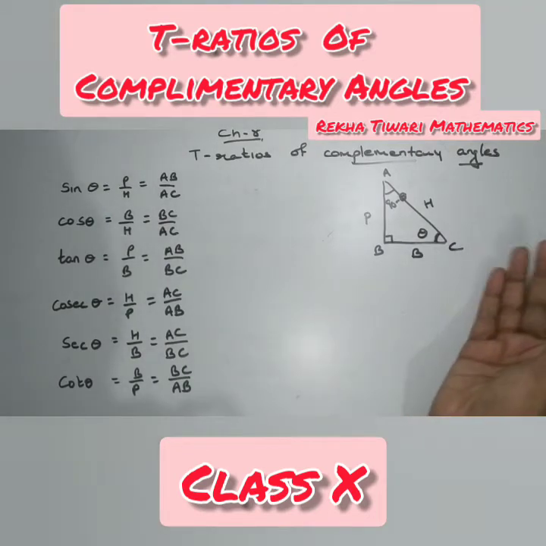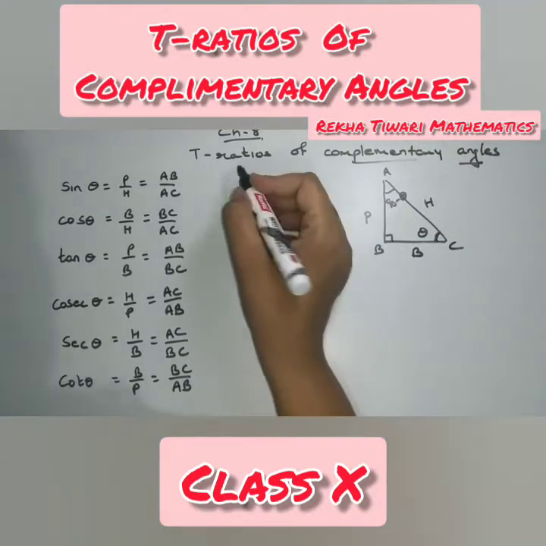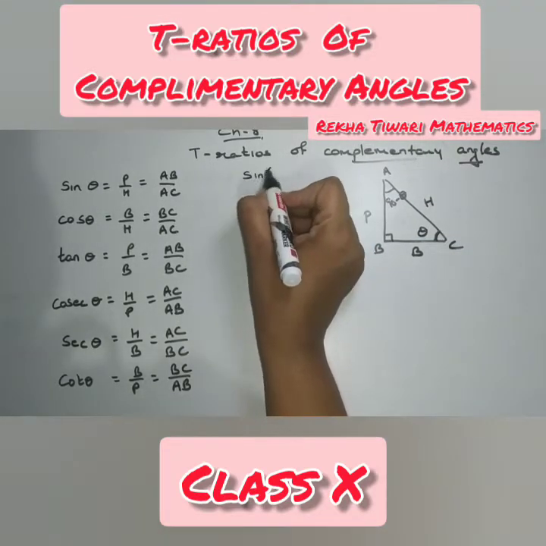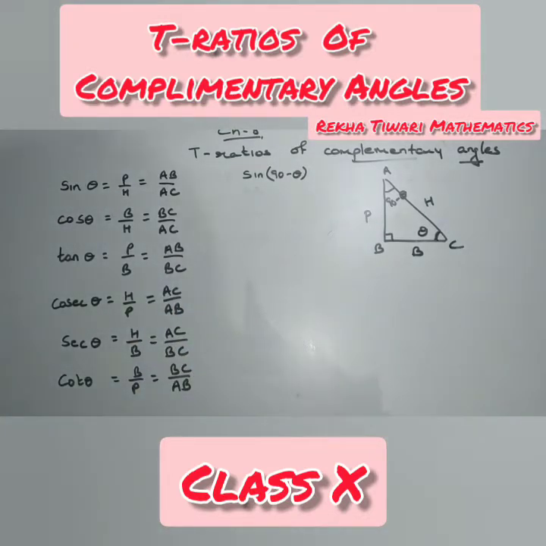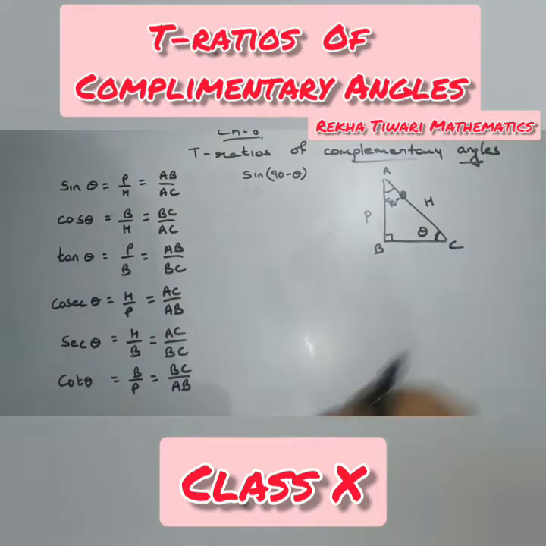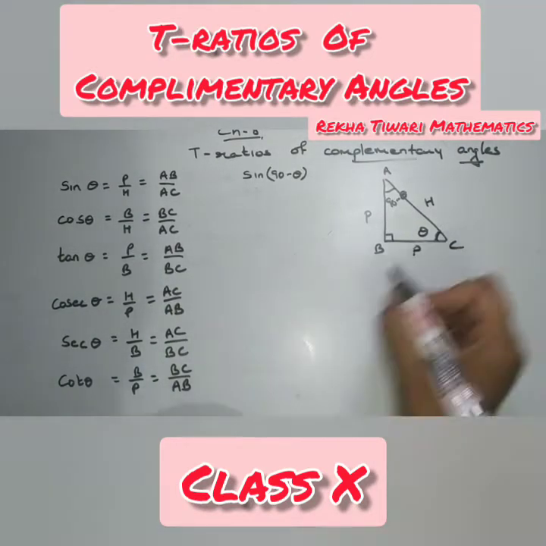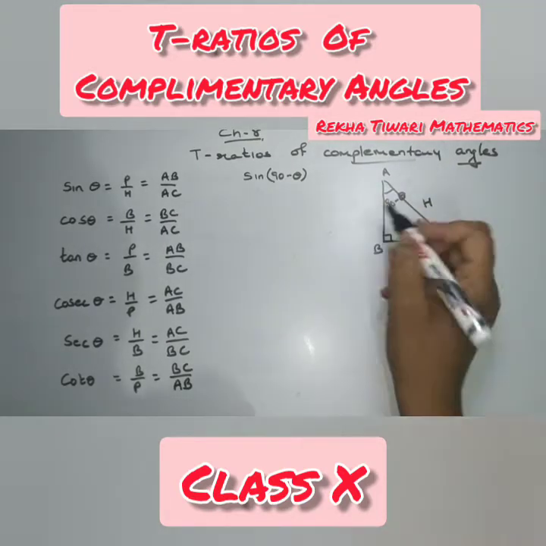Now let us find out all the T ratios with respect to 90 minus theta, that means angle A. So what is sin 90 minus theta? Since I have to look from angle A, the opposite of angle A becomes perpendicular and adjacent to angle A becomes the base.